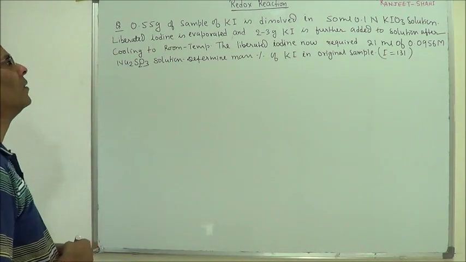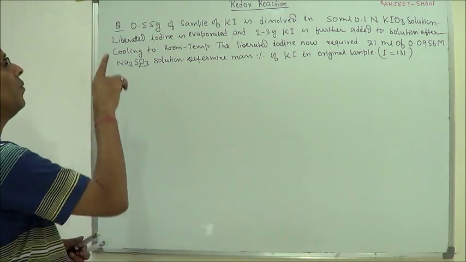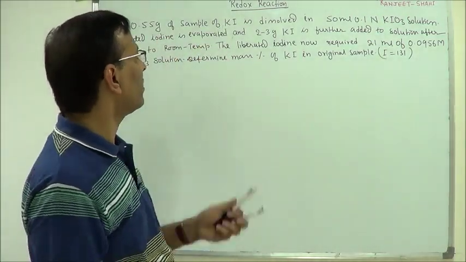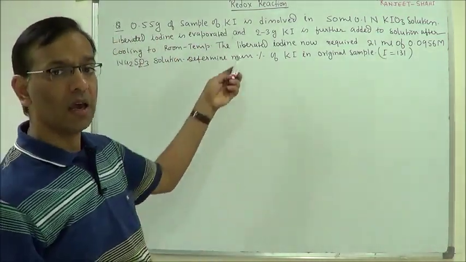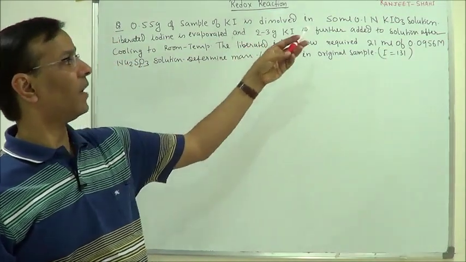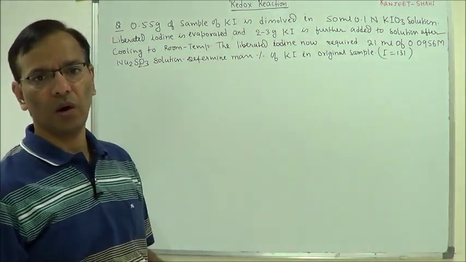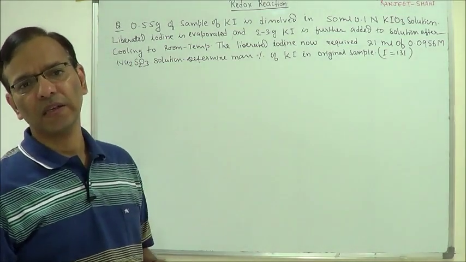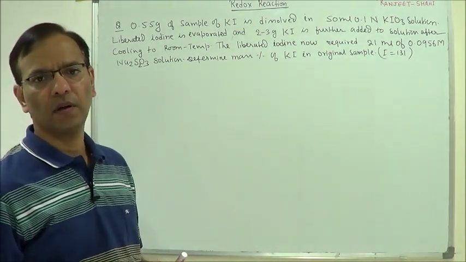What is happening now? When we add KI to KIO3, KI is a reducing agent and KIO3 is an oxidizing agent. So what will happen in the first step?